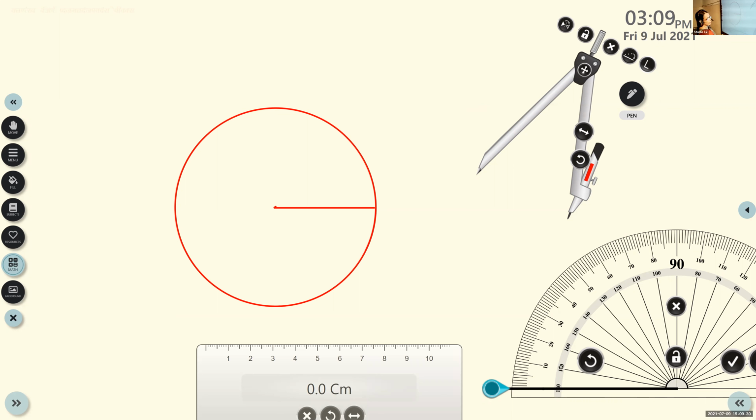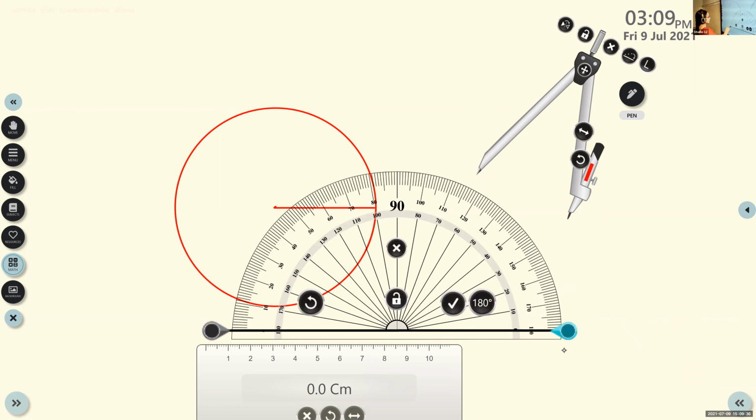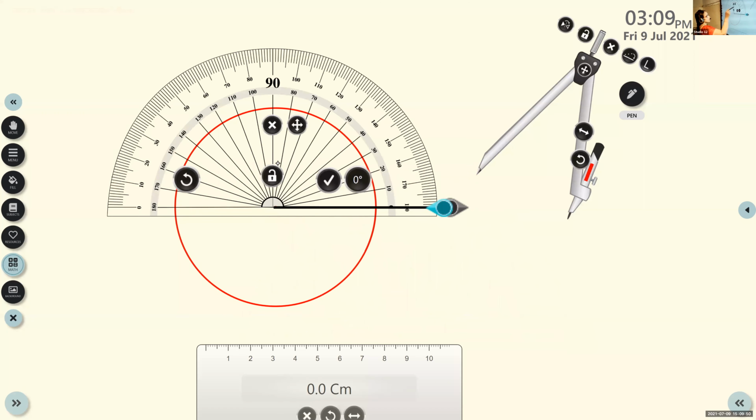Now, take your protractor. Fix your protractor's center so that it coincides with the center of the circle.